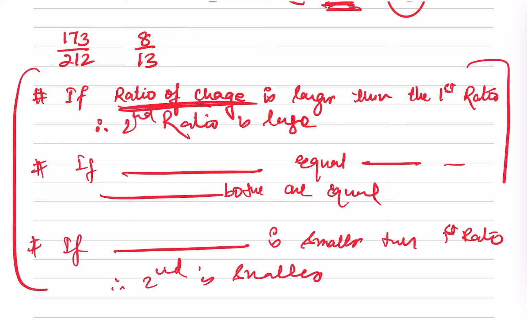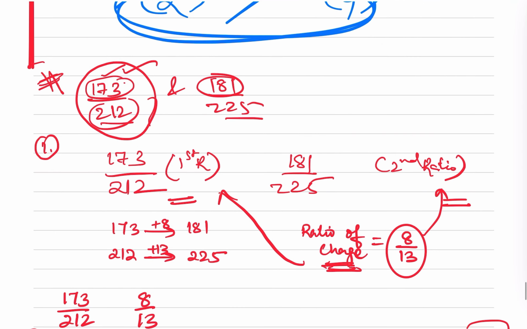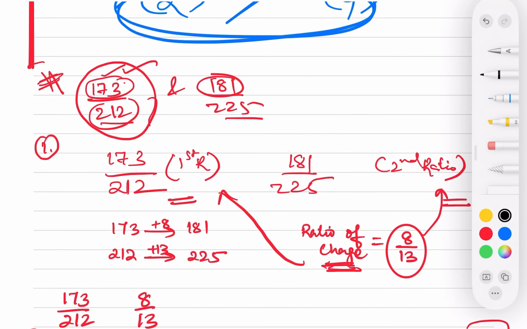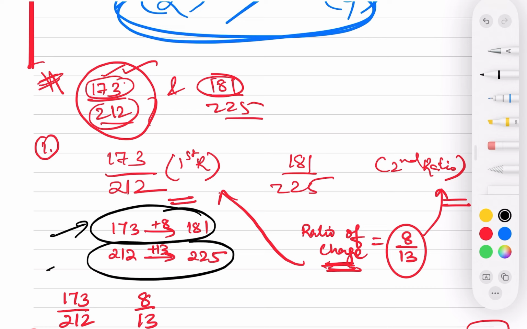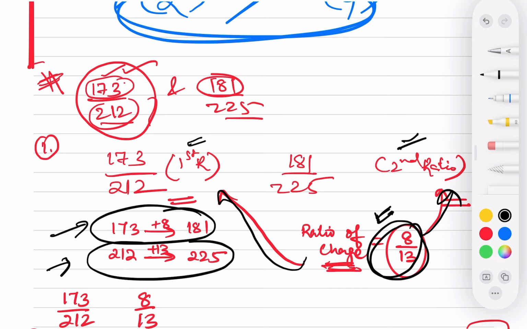Understanding these three results, what you have to do is just calculate the change of the numerator and the change of the denominator. Then you compare this value with this. If this value is greater than this, then the second ratio is bigger. If this value is lesser than this, then the first is bigger.